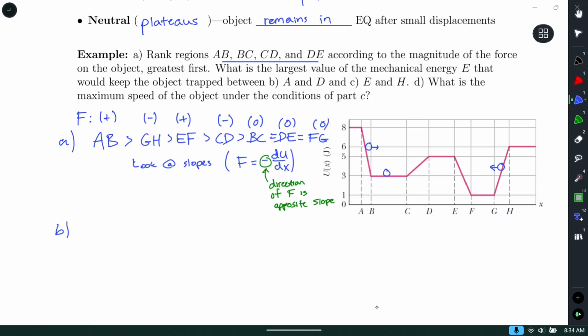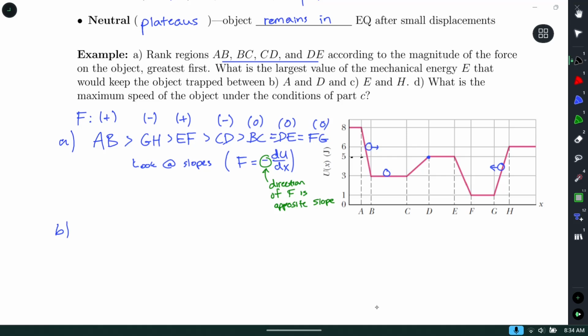It has some budget of energy to work with, 3 joules, but I want to get it up to a point where it can reach up to here, but only up to there. I don't want it to escape this region. And so I need to set my maximum budget of energy to what in that case? To 5 joules.